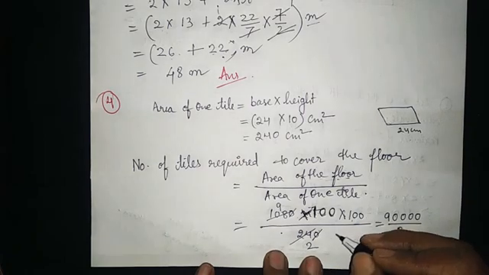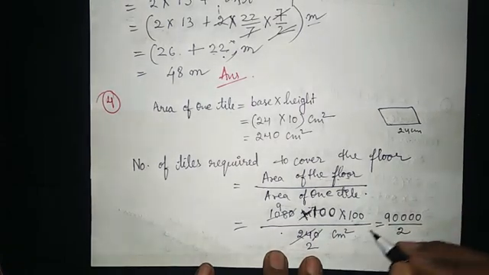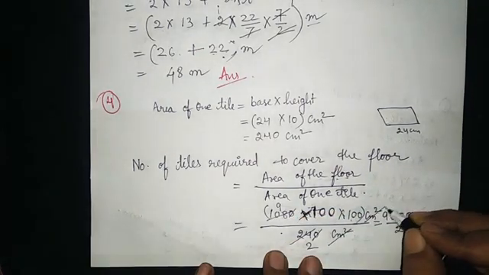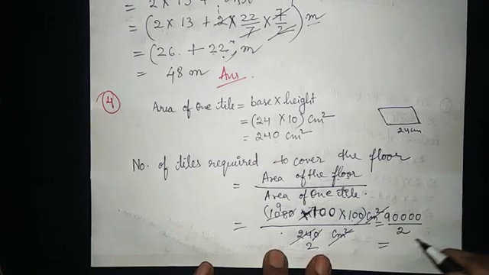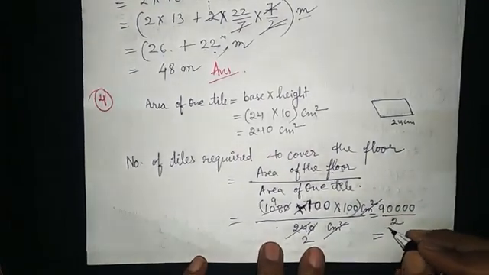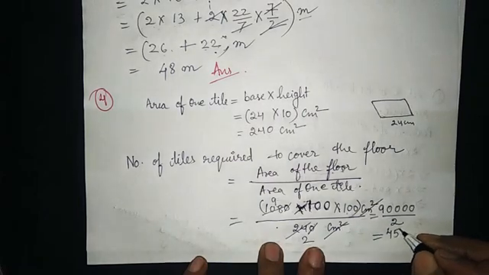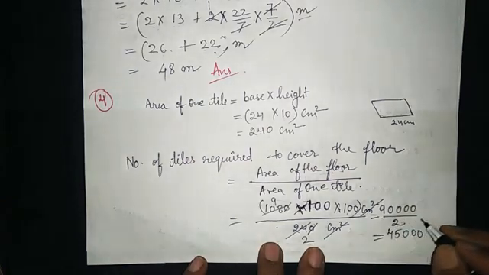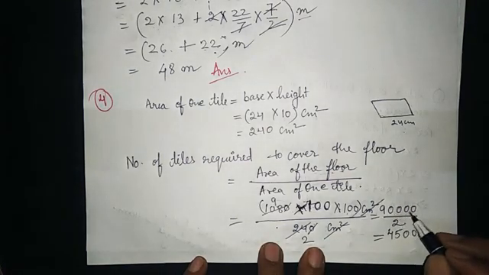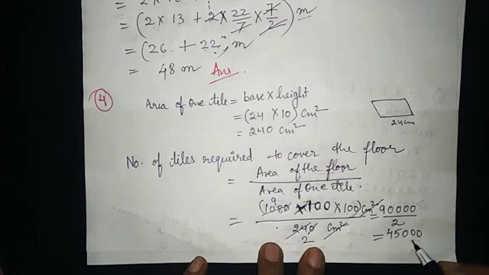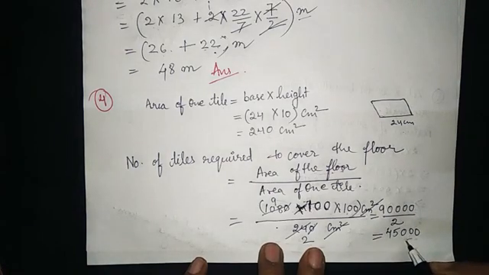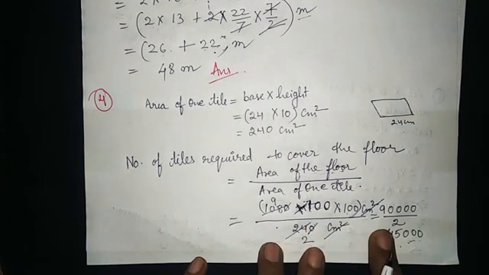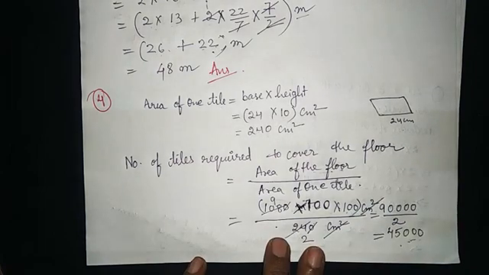Here centimeter square is coming, here also centimeter square is coming, this and this also you can cancel. And here what will come? 2 fours are 8, 2 fives are 10, and these 3 zeros will come. When you simplify this, it means 90,000, if you divide by 2 you will get 45,000. So how many tiles are required to cover the floor? 45,000 tiles. Okay.